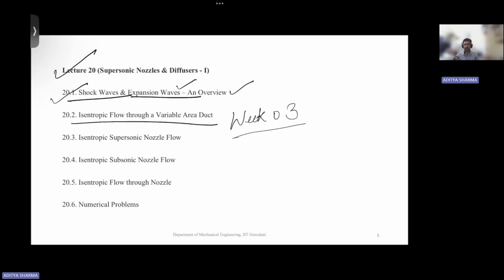In these cases, how your flow behaves and how this is related to your Mach number. There we also saw the area Mach number rule. Then is isentropic supersonic nozzle flow.